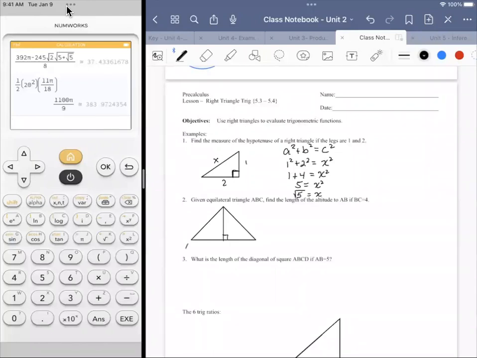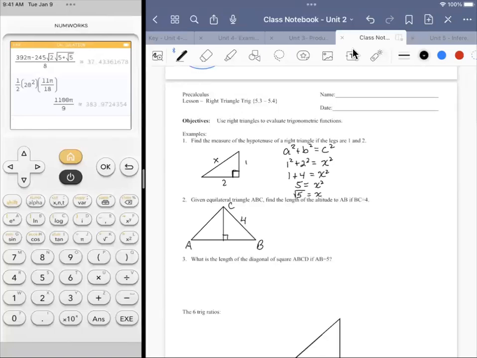So that must mean that the base is AB, all right? Line segment extending from A to B, which means if it's triangle ABC, the remaining vertex must be C. All right. They're telling us that BC is equal to 4. The length of the segment from B to C is equal to 4. Now it's equilateral.